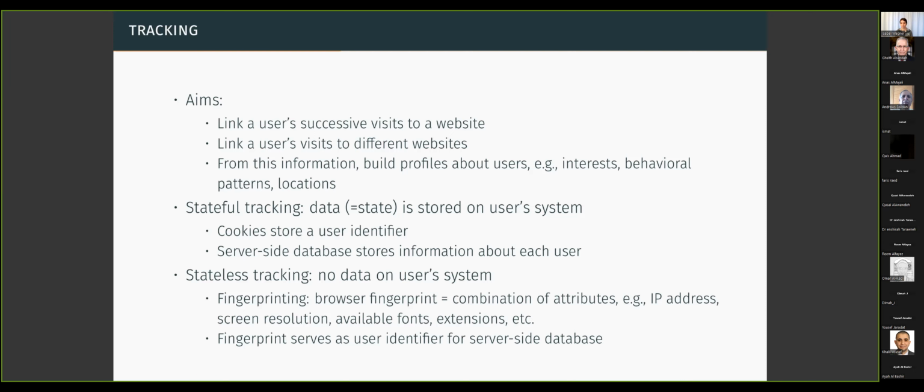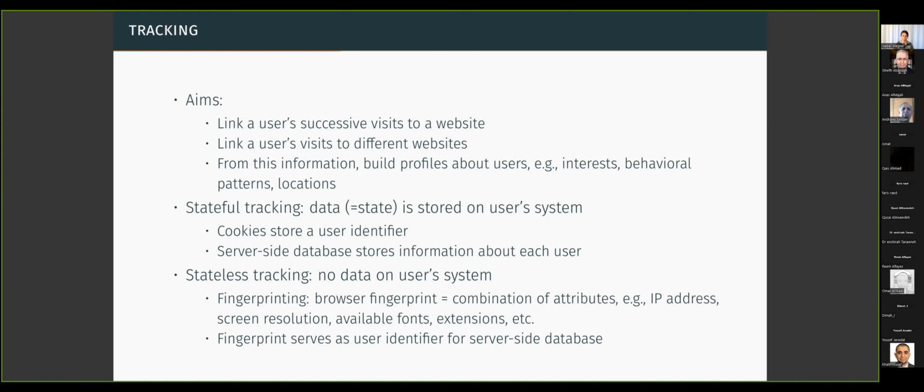So, for example, the IP address, the screen resolution, which fonts are available in that browser, which browser extensions are installed. There are various different attributes. New ones are being proposed all the time. But the idea is that this fingerprint can then serve as the user identifier on the server side.